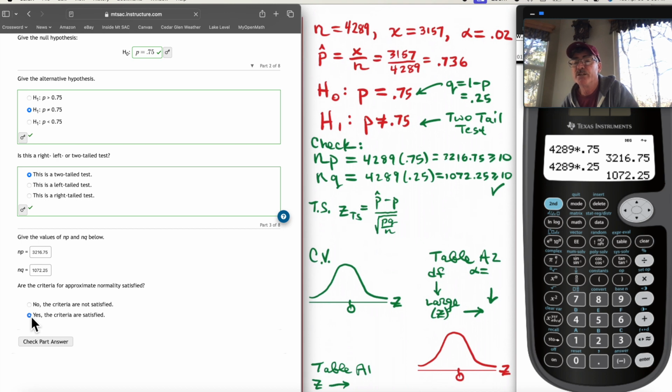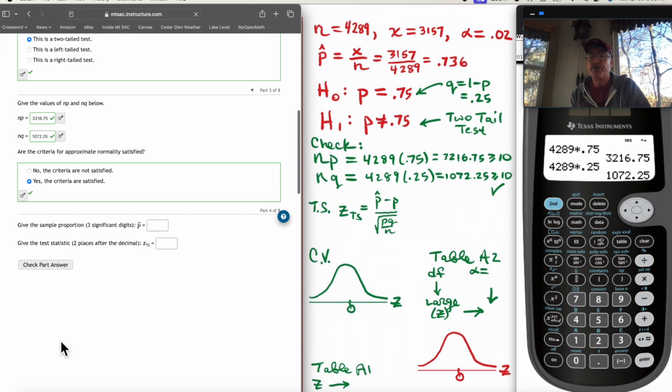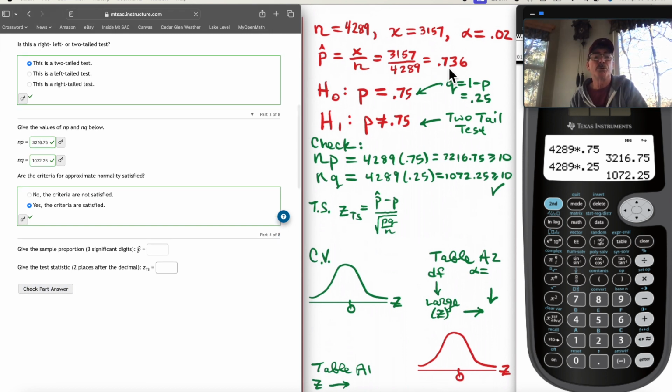Okay, so we're good there. Now we already did our P hat value, it's 0.736. There, and I'm gonna check it. Okay, that's good.